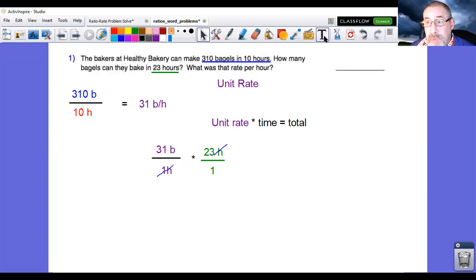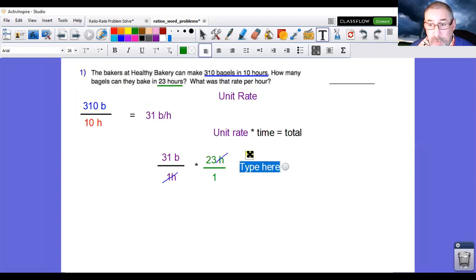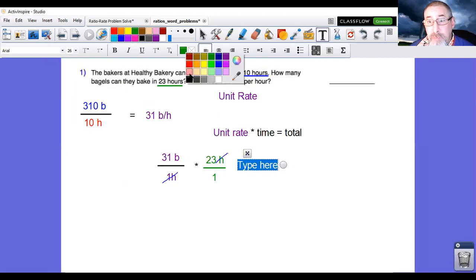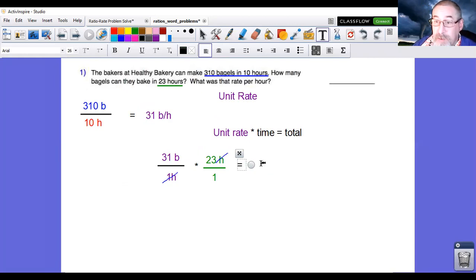So that's how I'm going to end up with strictly bagels, because my hours actually canceled out through division. So now I have to calculate 31 times 23, and that gives us a total of 713 bagels is what was made.